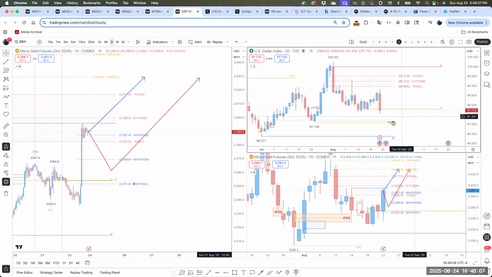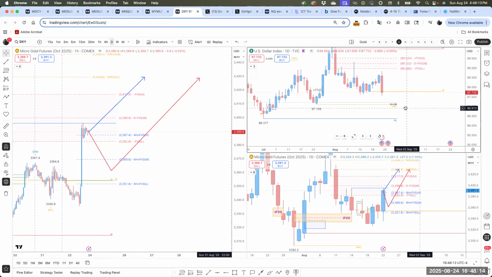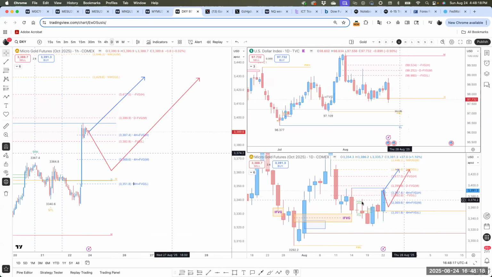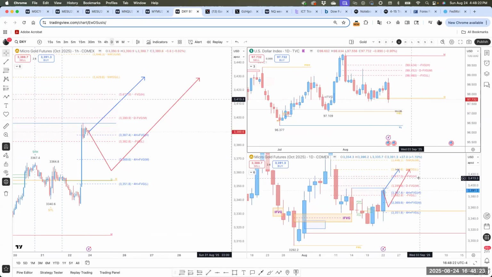So we have a weekly order block, and then we have this previous week low. I'm definitely looking at that probably for targets next week on dollar. And with that being the case, that means that gold should push up if we have inverse correlation between the two.